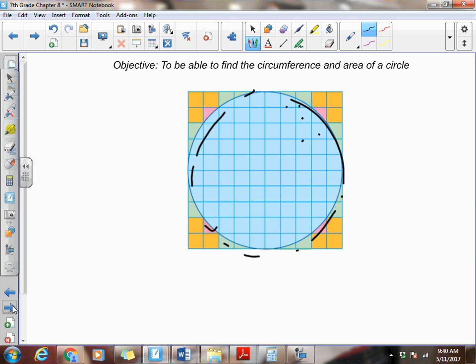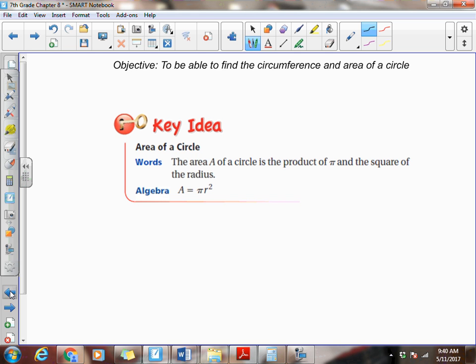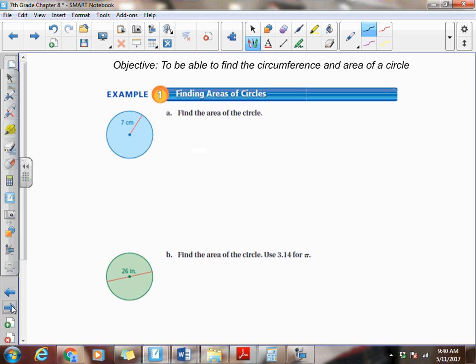So to calculate exactly how many square units cover the area of a circle, we are going to use this formula. To find the area of any circle, you take pi times the radius squared, or pi times radius times radius.